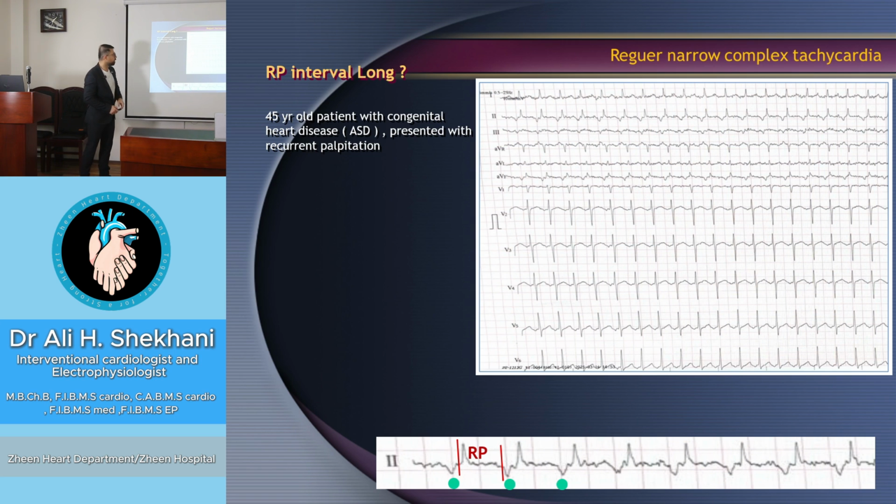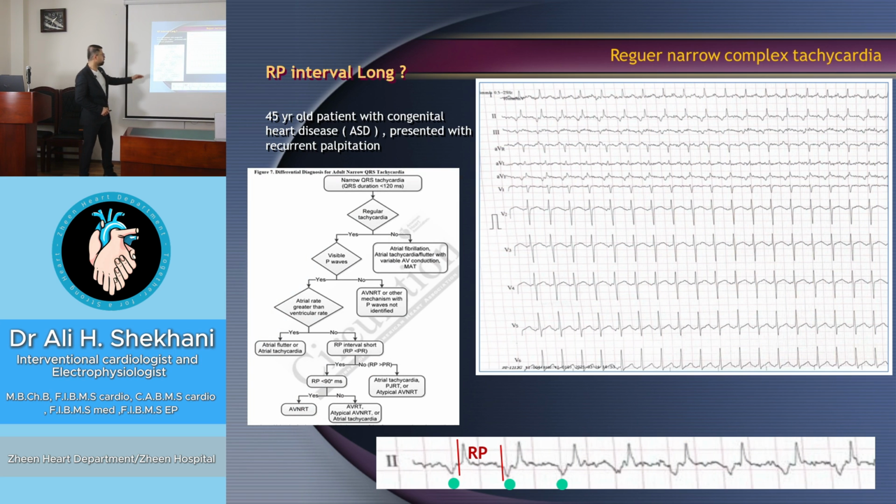The differential diagnosis, coming back to our algorithm, could be atrial tachycardia, PJRT, or atypical AVNRT. Most commonly atrial tachycardia, as the patient has ASD.